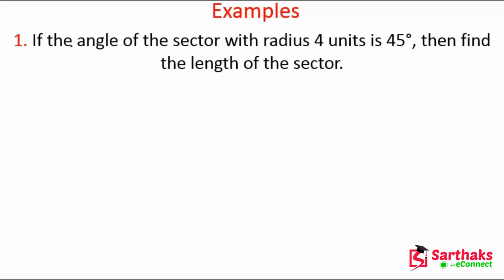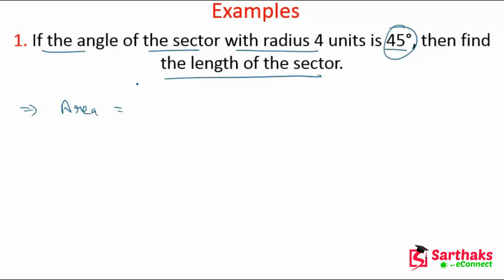If the angle of sector with radius 4 units is 45 degree, then find the length of the sector, meaning length of arc. We know that area is equals to theta upon 360 degree into pi r square.